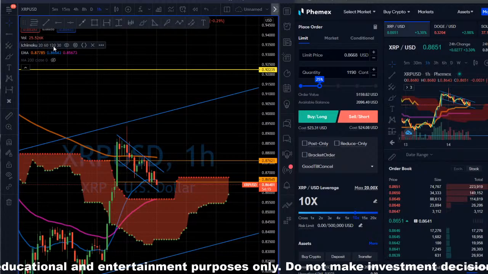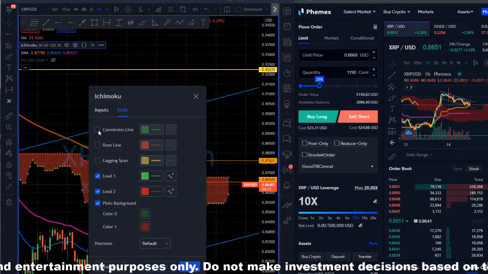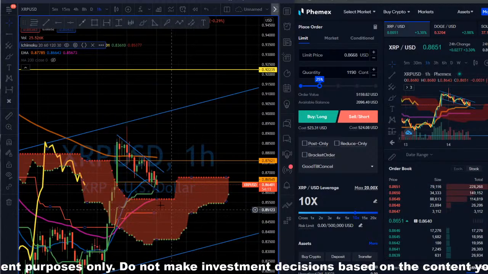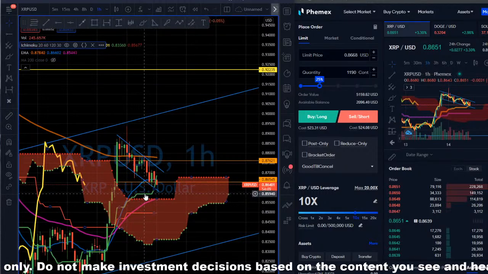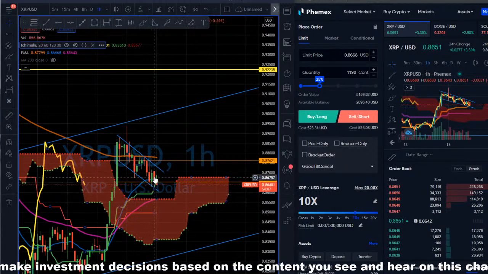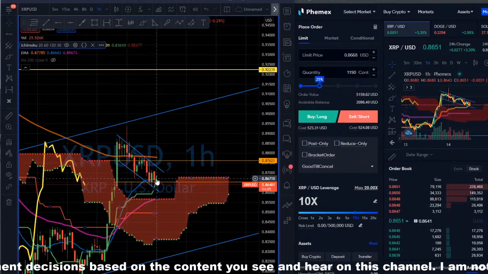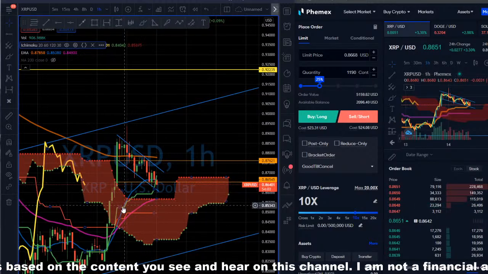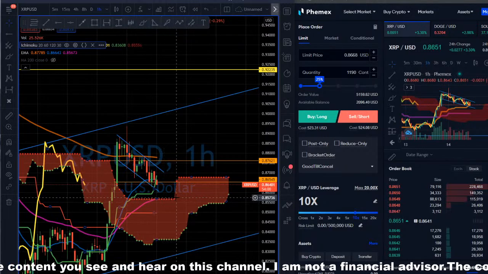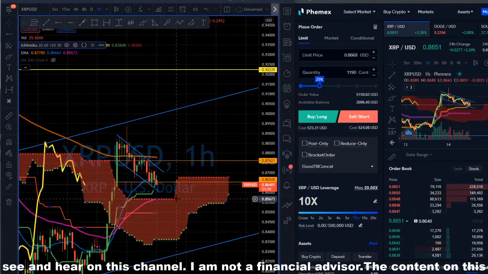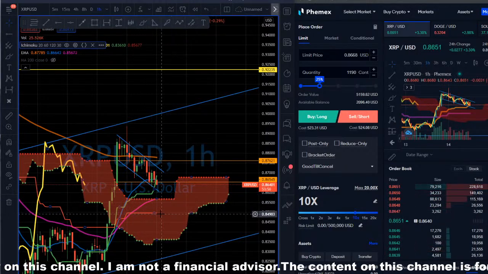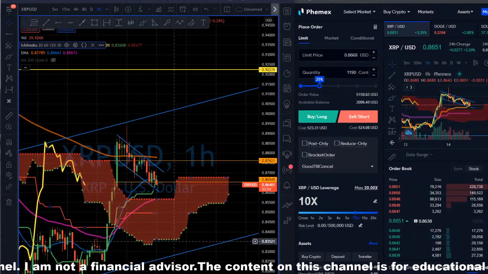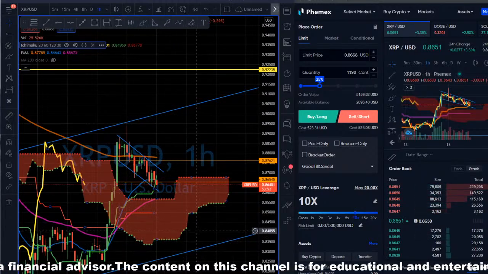Actually, if you bring back your lines, your first sign of support was the conversion line. Obviously, you failed to hold it, and then your next sign of support would be right over here. Your third sign of support would be right here, and your last piece of support would be right here, right?